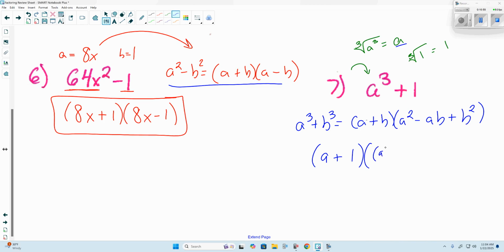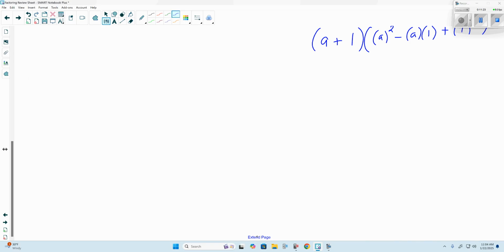The next one, bless you. Our a is being replaced with a again, so we have a squared minus a times b plus b squared. So all I did is replace the a with its a term, which incidentally is just a, and replace all the b's with 1. Almost.